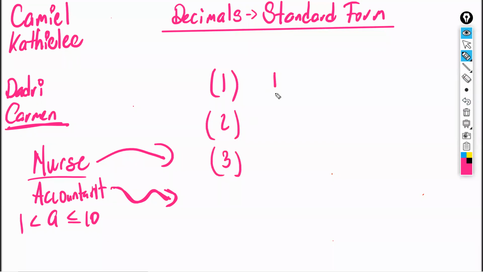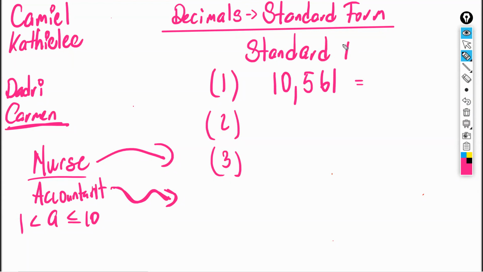So the first one, suppose we have 10,561. I want this in standard form. Write the first question here in standard form, guys.